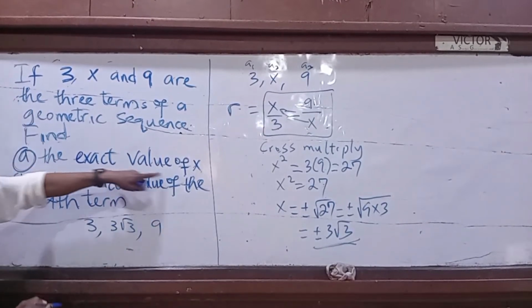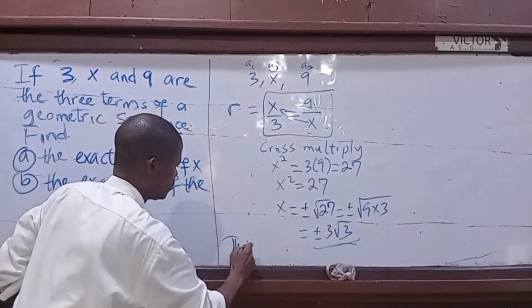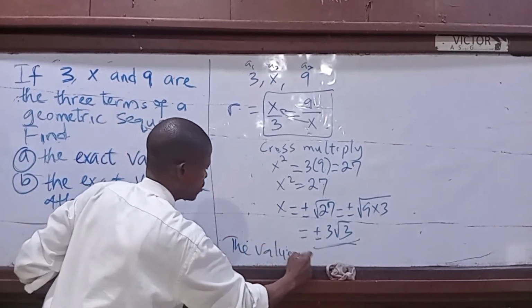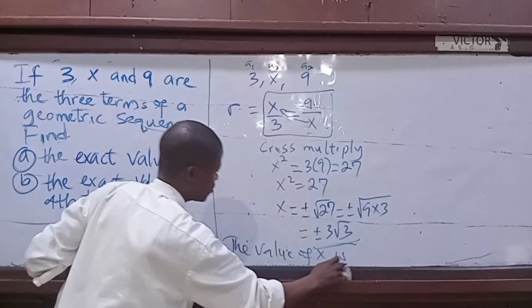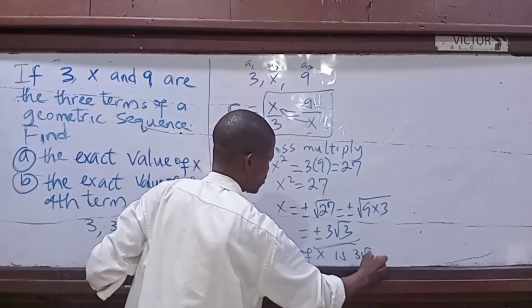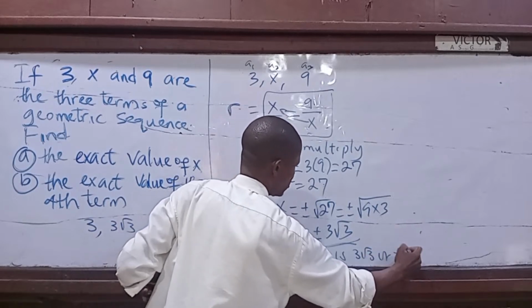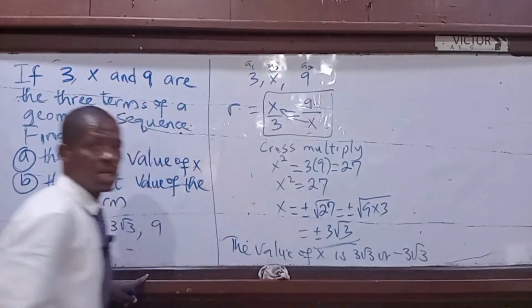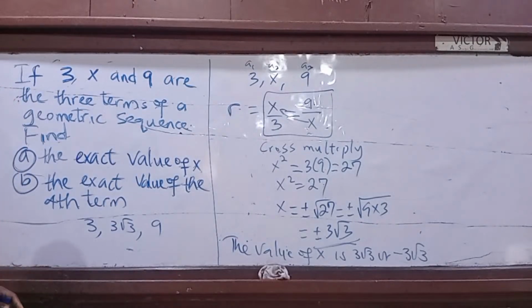The value of x is 3 root 3 or minus 3 root 3. So that's the value of x.